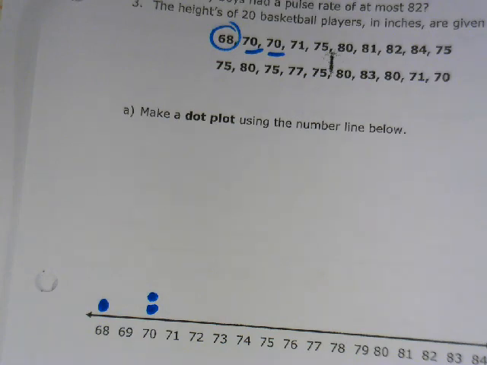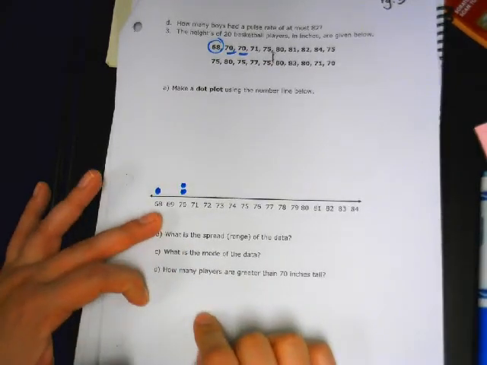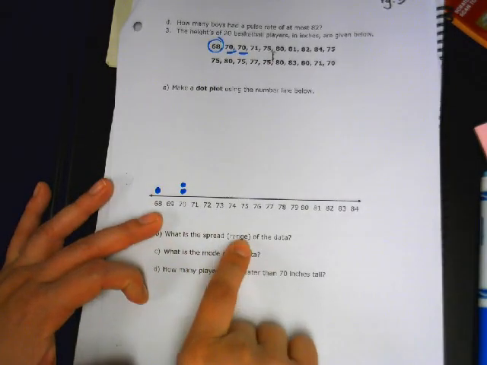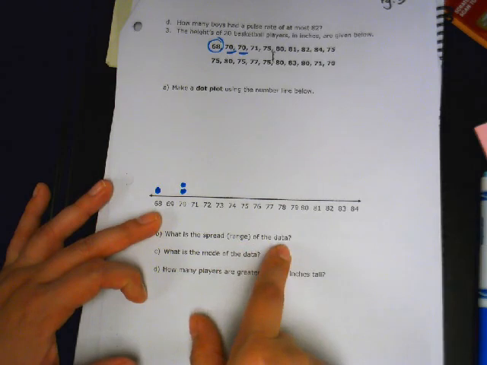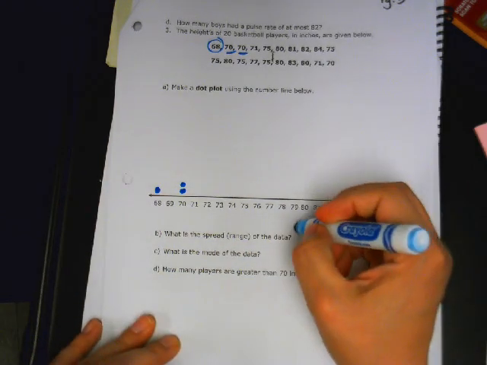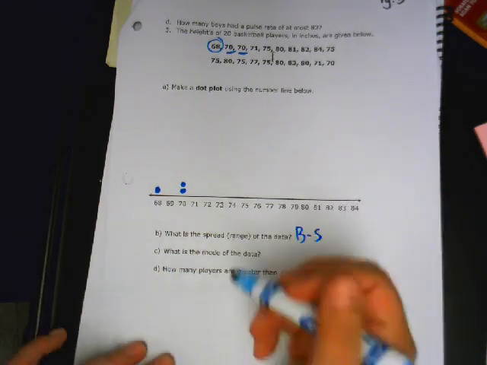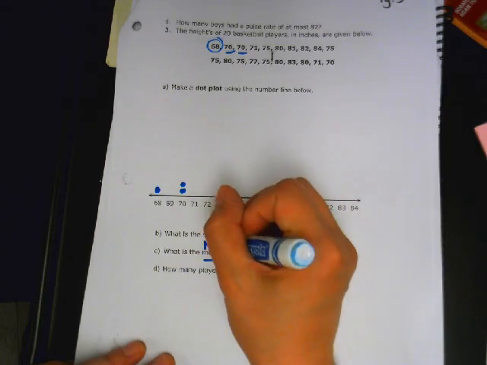All right, after you finish your dot plot, go to the bottom and answer these 3 questions. What is the spread, otherwise known as the range of the data? So that's big minus small. What is the mode? Mode is most. How many players are greater than 70?